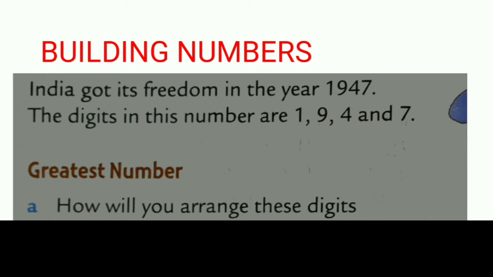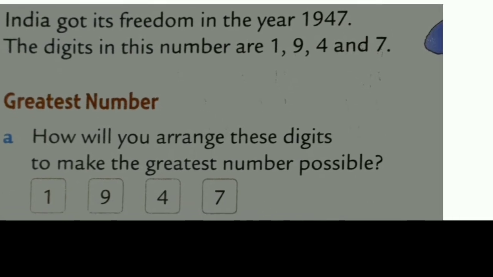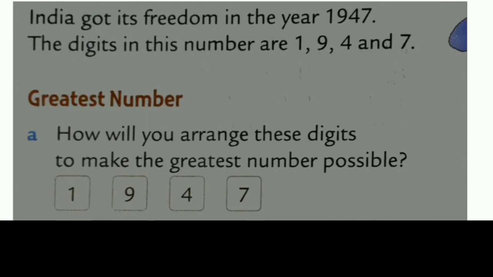Next topic, building numbers. Building numbers means, see the example. India got its freedom in the year 1947. The digits in this number are 1, 9, 4 and 7. Here we will write the greatest number. So, greatest number means these digits we have to arrange to make the greatest number.